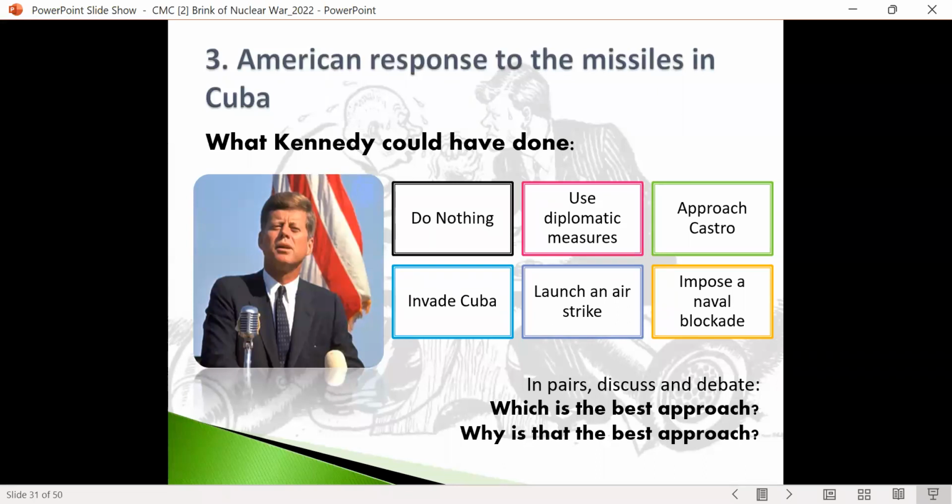What? You will approach Castro and then tell him what? Well done. Continue. Let the missile stop, is it? Remove the missiles. What?